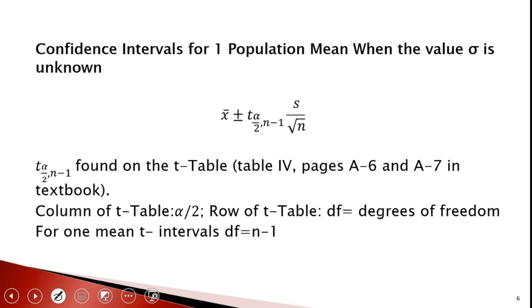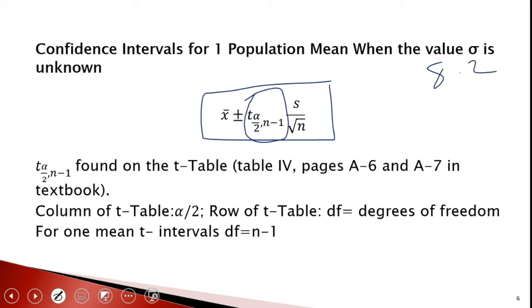Confidence interval using these studentized t values. How do we do it? Using this formula. The only difference is this one. See, they look very much the same as what we used in chapter 8.2.